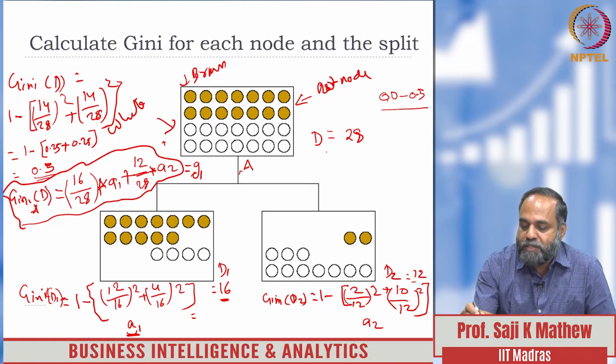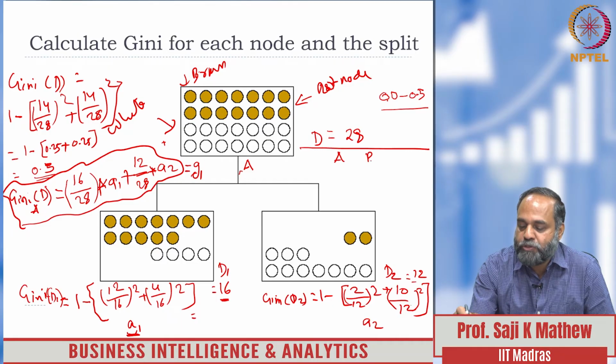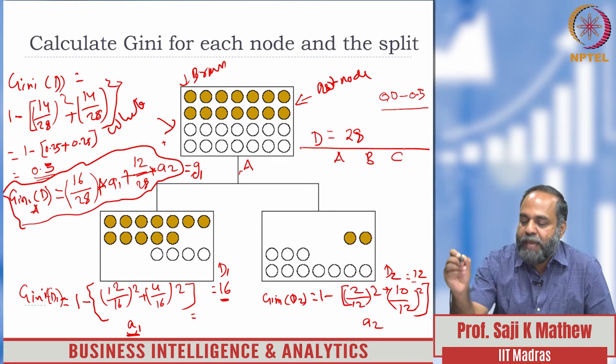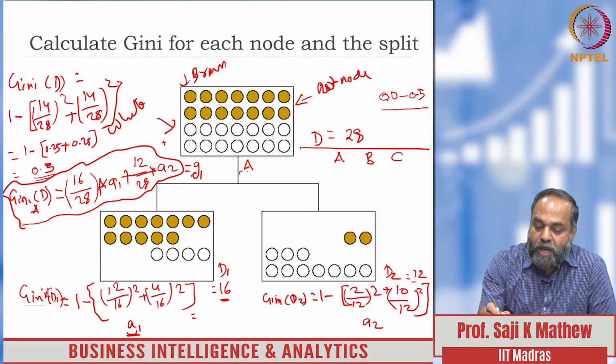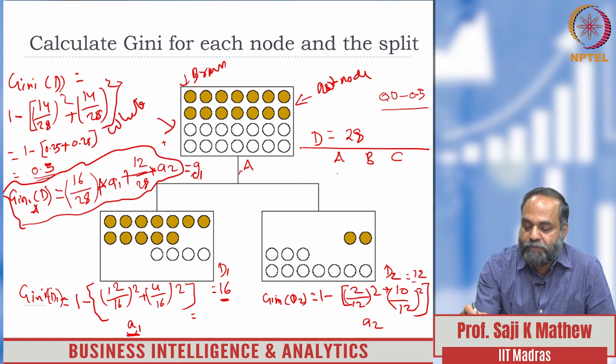So therefore, suppose you have in your project 3 candidate attributes to split on, A, B and C. You split based on attribute A, the Gini score of the split is G1.